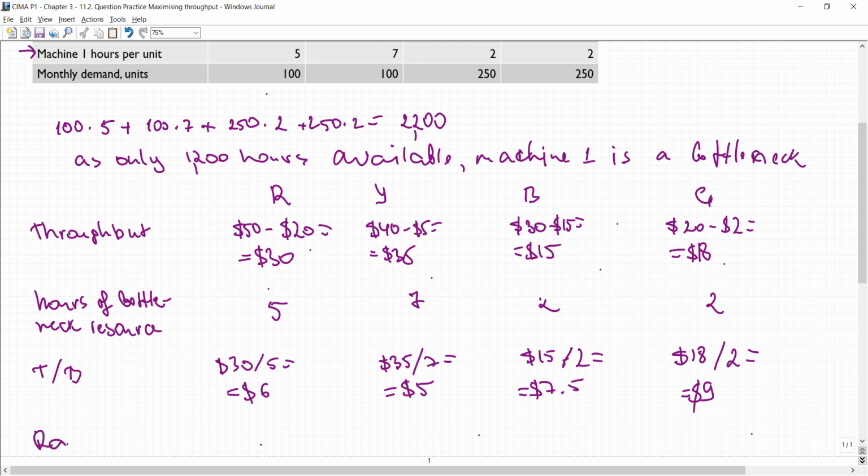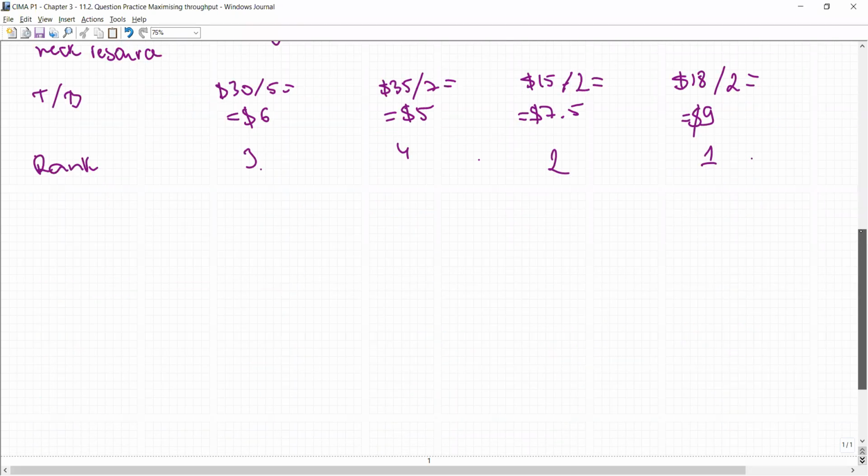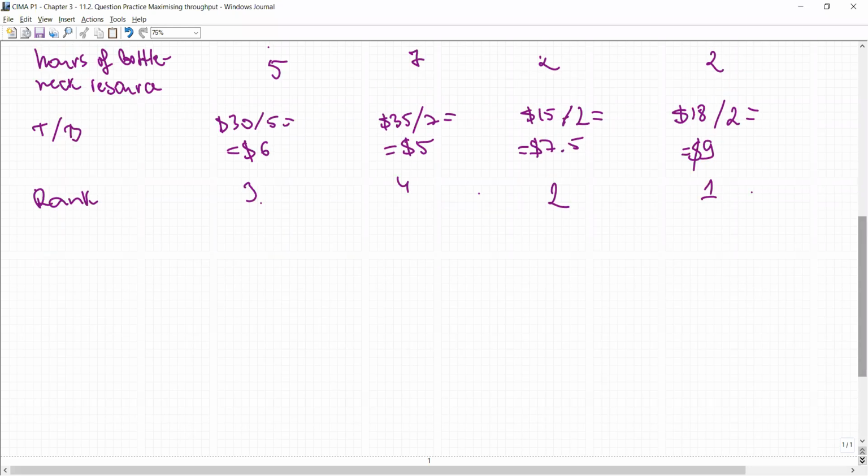And now we can rank these products. What is the best production order? Well, the greater throughput is for product green, then it's blue, then it's red, and then it's yellow. Okay, now let's calculate production and the bottleneck resource left.